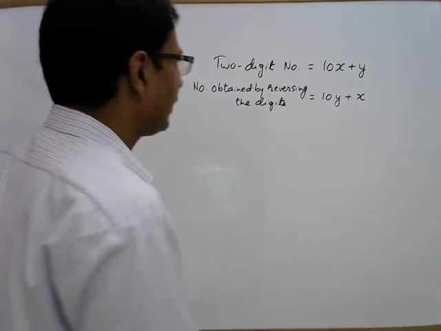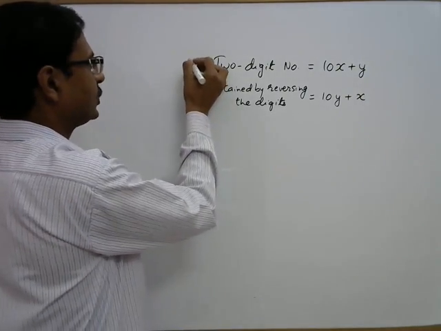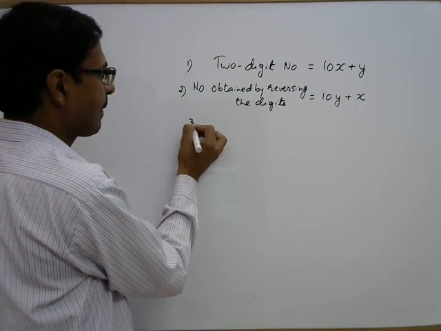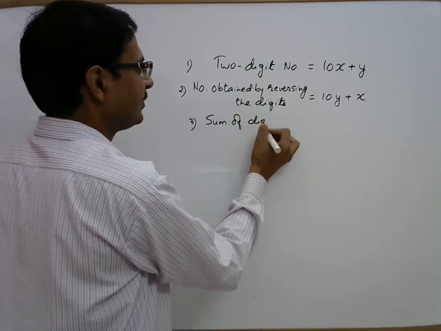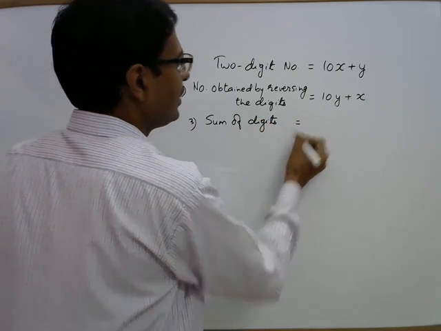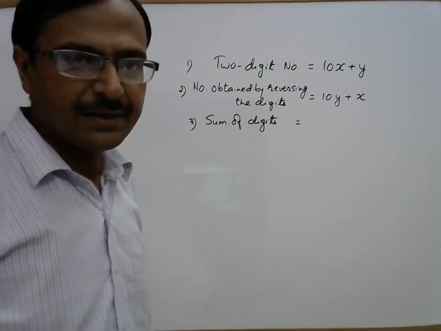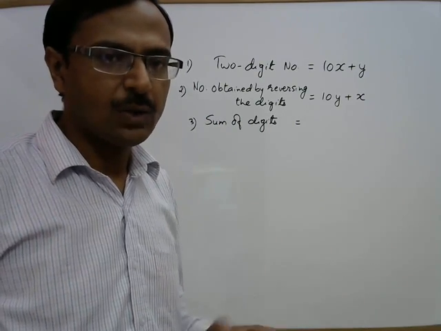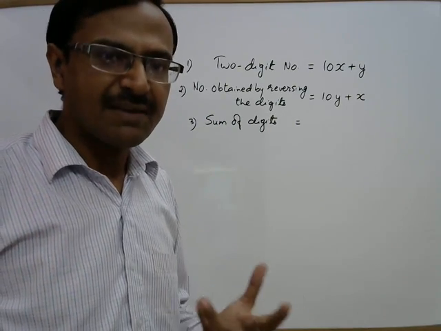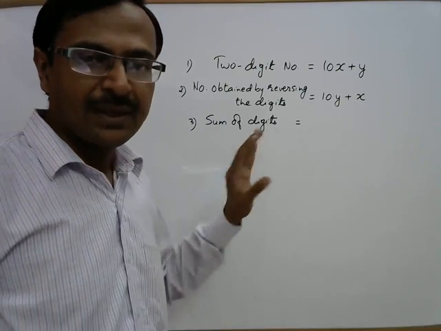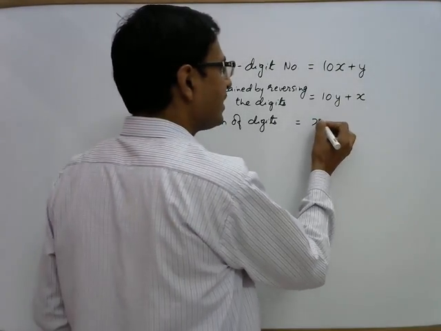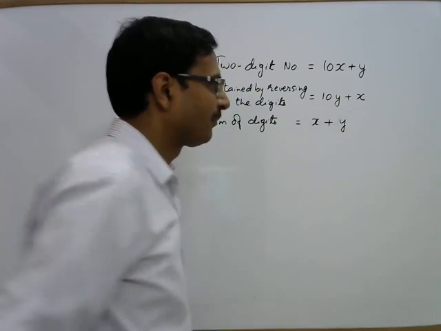Now come to the third important thing. So first, second, now third. If you are given the sum of digits, suppose in the question it is stated that sum of digits is 10 or sum of digits is 7, then the sum of digits actually is x plus y.